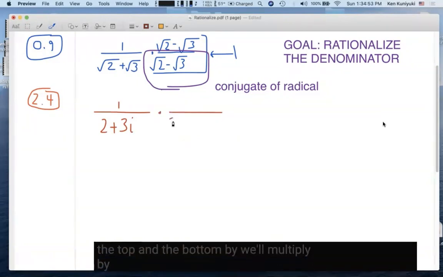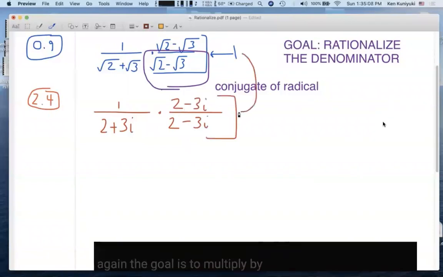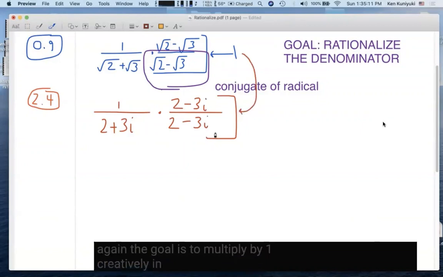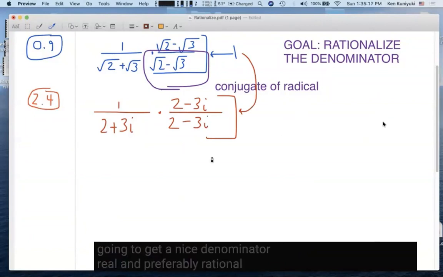Just like over here, we're going to flip the sign: 2 minus 3i on the bottom and on the top. Again, the goal is to multiply by 1 creatively in such a way that we get a nice denominator, real and preferably rational.